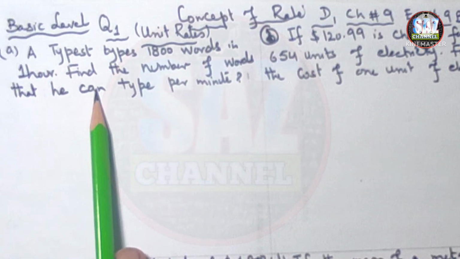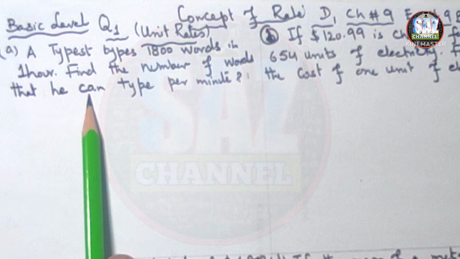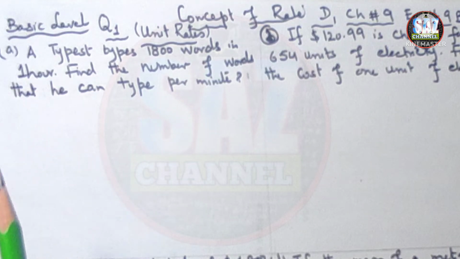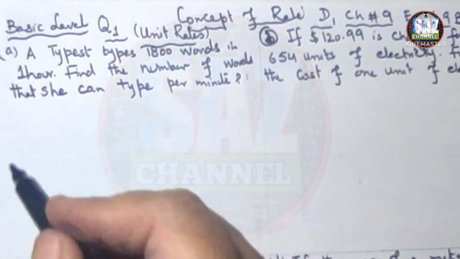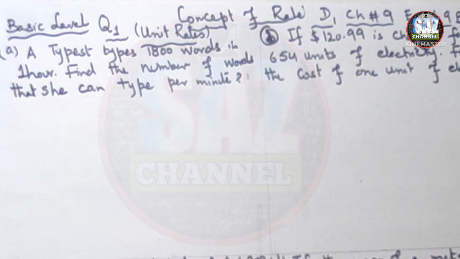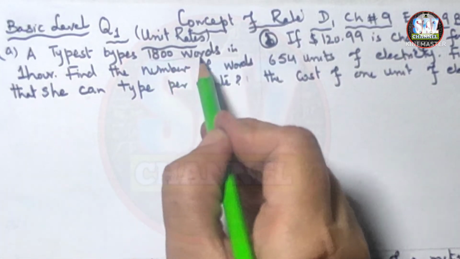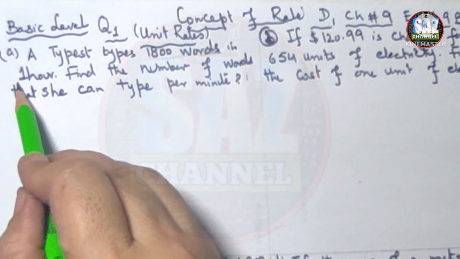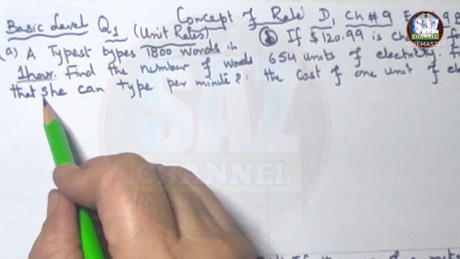Now the problem is that we have to find the number of words that she can type in 1 minute. Let's read the question once again carefully: the total words are 1800 and the time given to us is 1 hour, and we have to find the rate per minute.